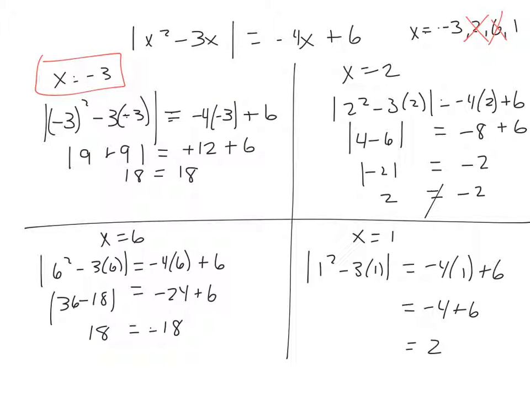On this side I've got 1 minus 3, so the absolute value of negative 2, so 2 equals 2, and so x equals 1 works. So my two solutions are x equals negative 3 and x equals 1.